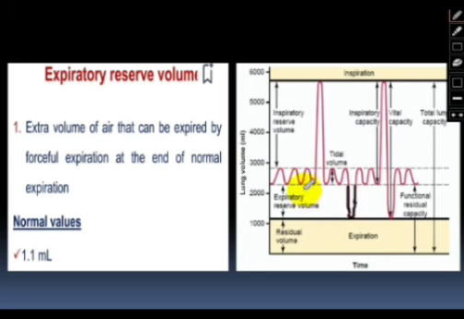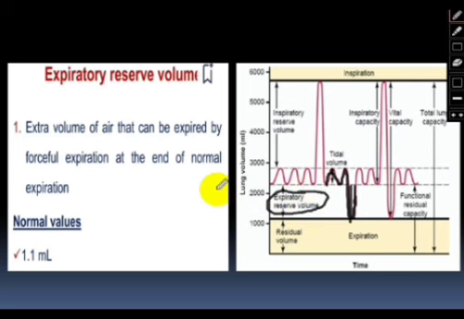Okay? Remember, we are breathing normally. Inspiration, expiration, inspiration, and then the expiration is forceful. From here down to this point, and it returns to normal. So from this point to this point will give you the expiratory reserve volume.